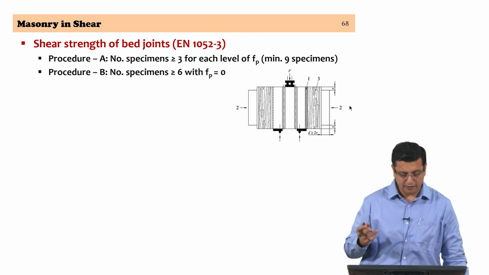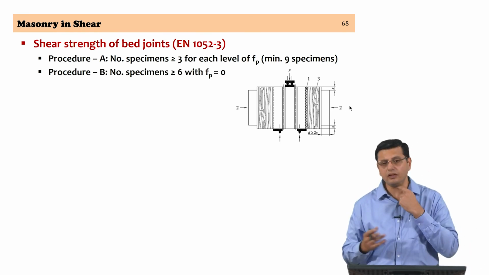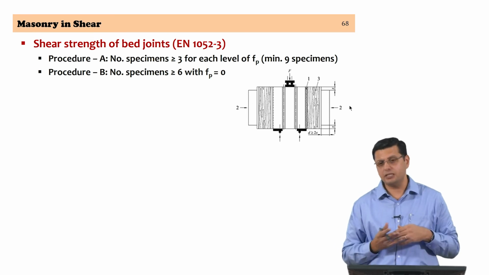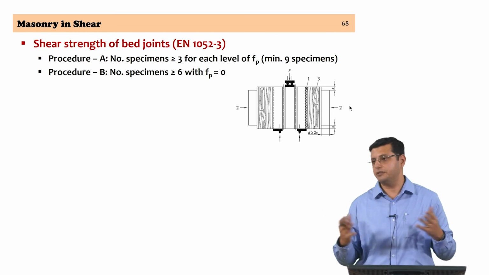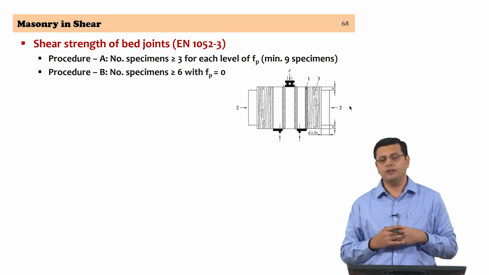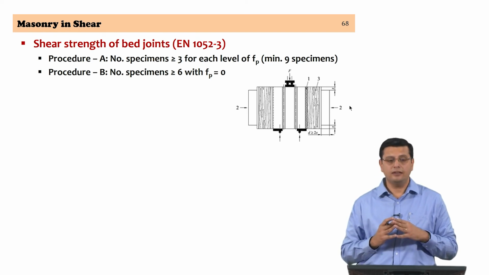You could also have another procedure where you are looking at 6 specimens and also include a state where there is no precompression, 0 precompression. It is useful, in a moment you will understand why it is useful to do a test with 0 precompression, right.